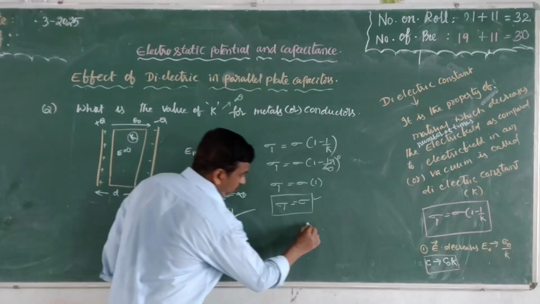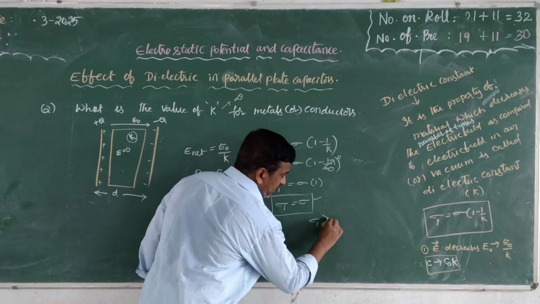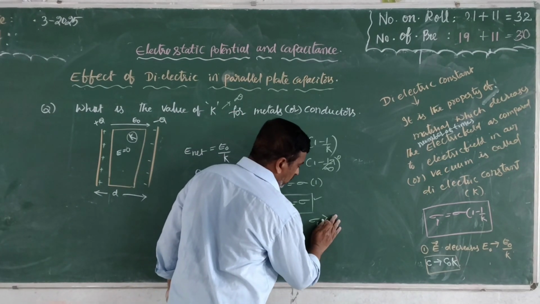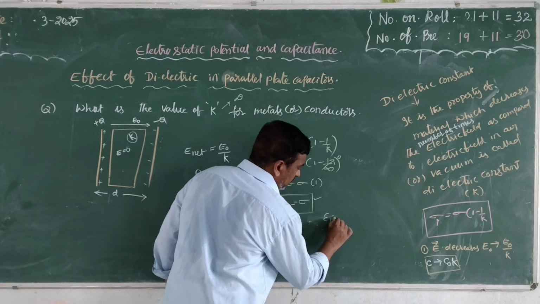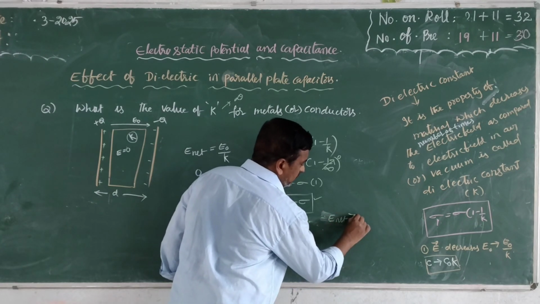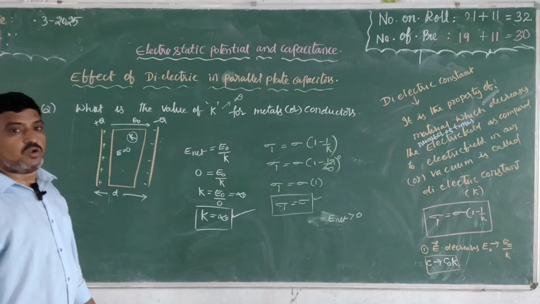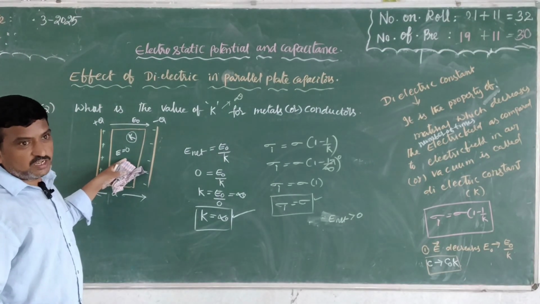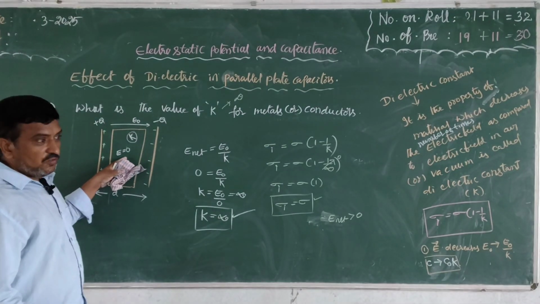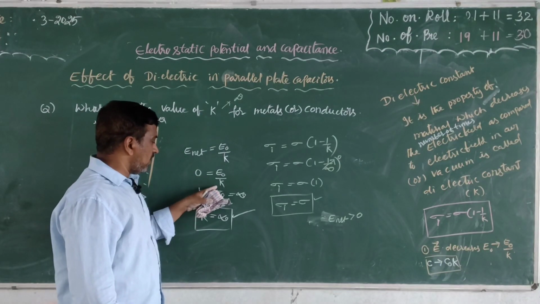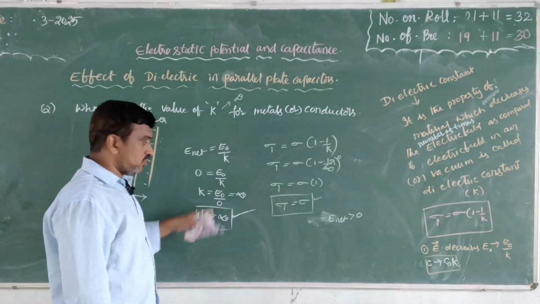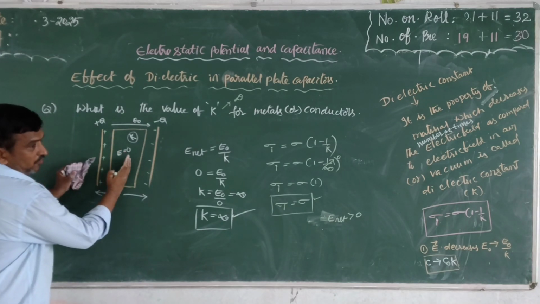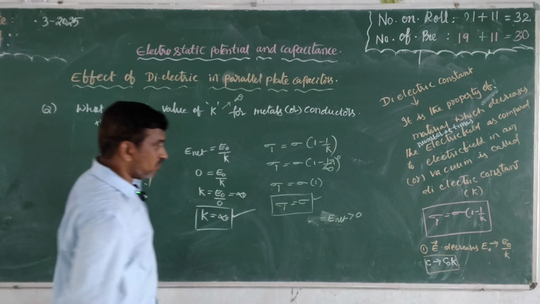In the same way, see, when sigma I is greater than 0, E net is greater than 0, not equal to 0. When the individual electric field equals the external electric field, the net electric field is 0, and k equals E naught by 0, so we get k as infinity. That is why the net electric field is 0.